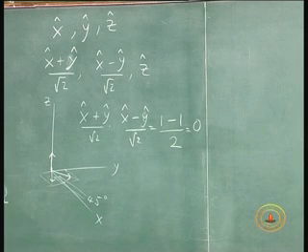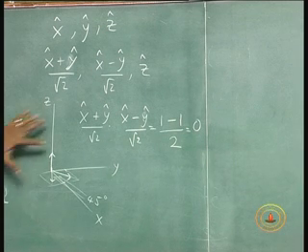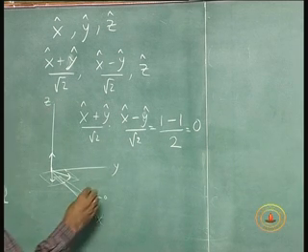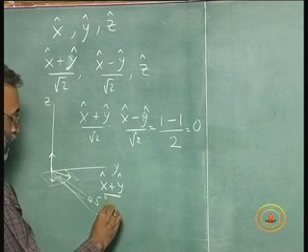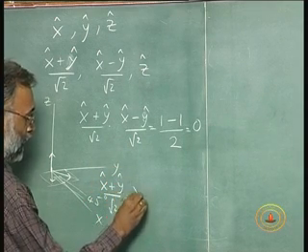Because I need also this condition, e_i dot e_i is equal to 1. So, if I just dot product this by itself, what do I get? x hat plus y hat over root 2 dot itself.